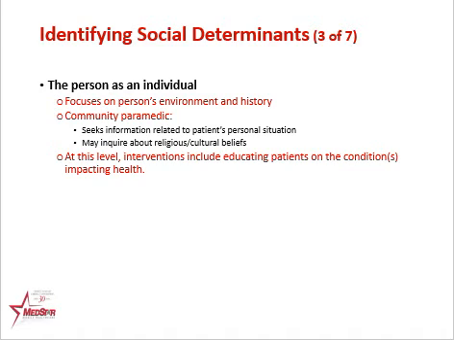Talking about the person as an individual, this dimension focuses on the person's environment and their history. This information is collected during the patient needs assessment, that in-depth in-home assessment, the initial assessment that you're doing. It allows you the opportunity to seek information related to the patient's personal situation.